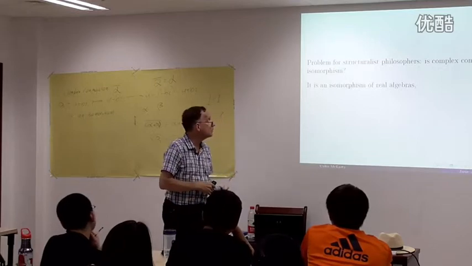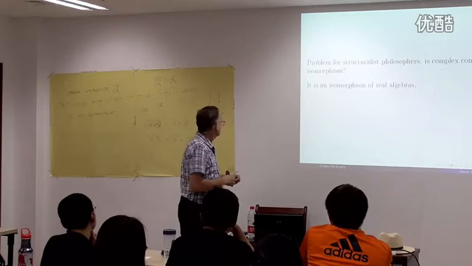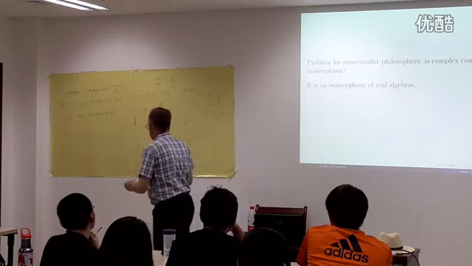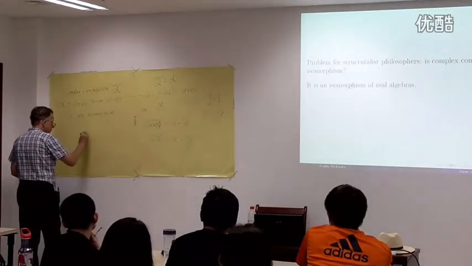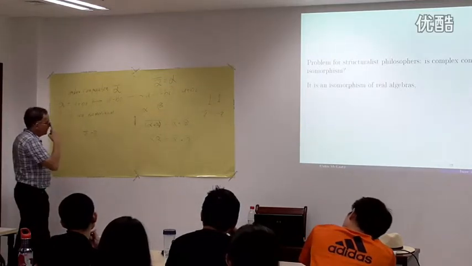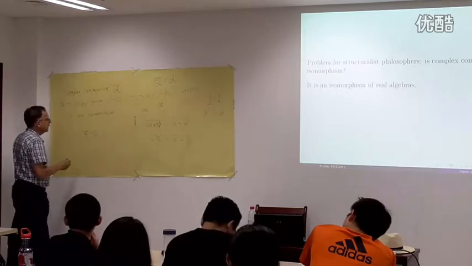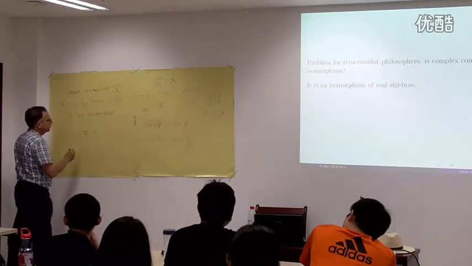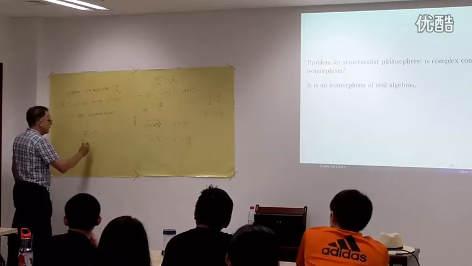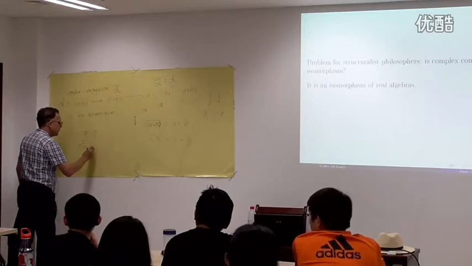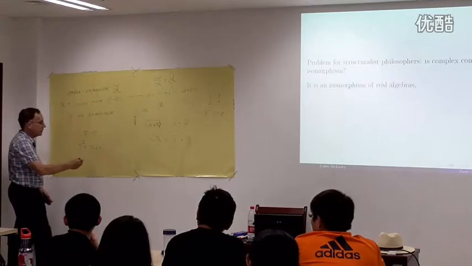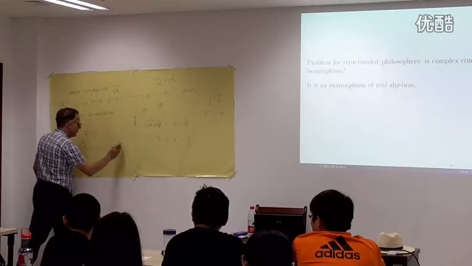So they say, no, that's a big problem because if the isomorphism can't distinguish i from negative i, we can't say they're equal. It's obvious that i does not equal negative i, because if i equals negative i, then, for example, i squared would have to equal i times negative i, because if i is negative i, these would have to be equal, but that's equal to negative i squared.